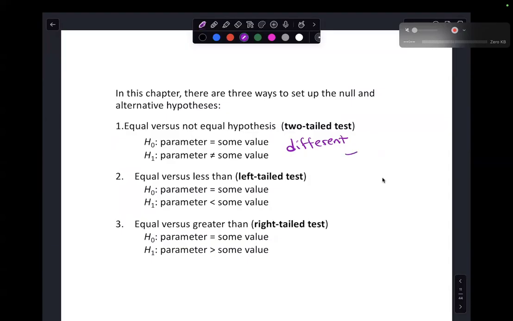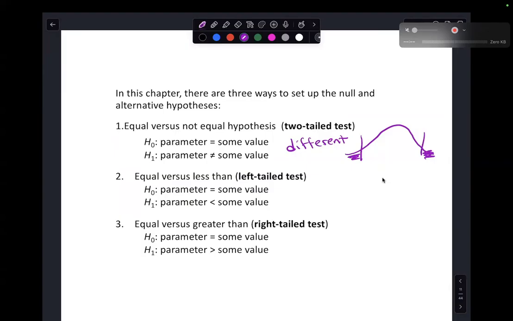If I was to draw my normal curve, we create a confidence interval basically, and I'm saying, does the probability of my alternative hypothesis land out here or out here? So it can be greater than, or it can be less than. I'm going to go into more detail of what these look like in a minute. But the two-tailed test always says the word different, and it's going to be not equal to.